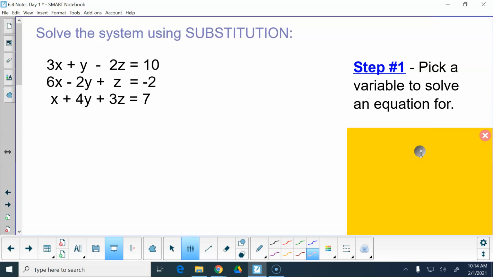Which equation? I would just put X to the left side. But so which equation did you pick? Oh, the last one. The last one, the third one.